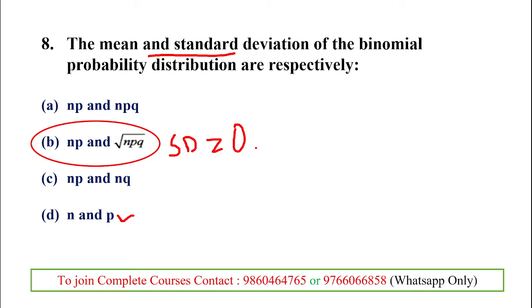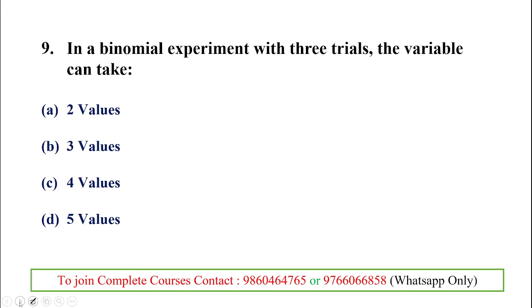So when SD is high, the data is above the mean. And when SD is low, the data is below the mean. Clear?